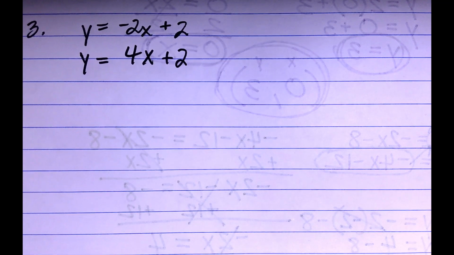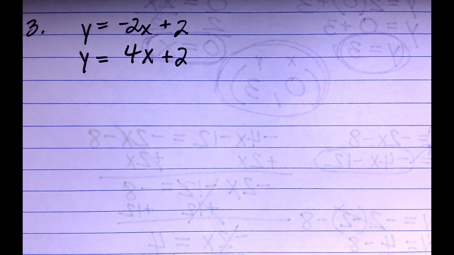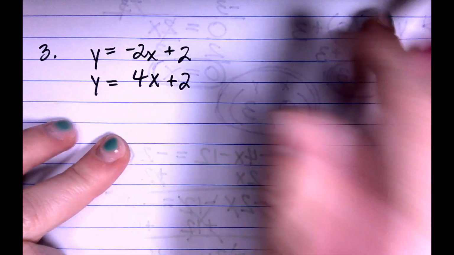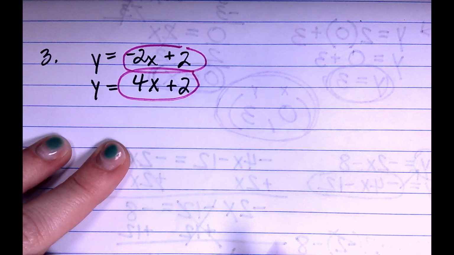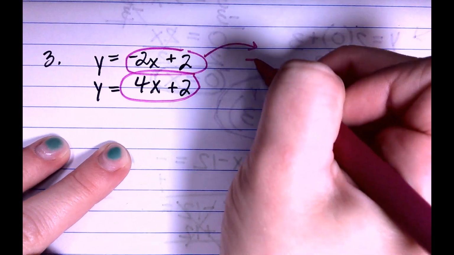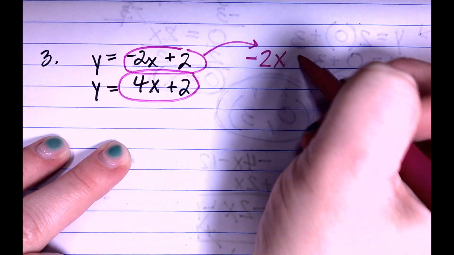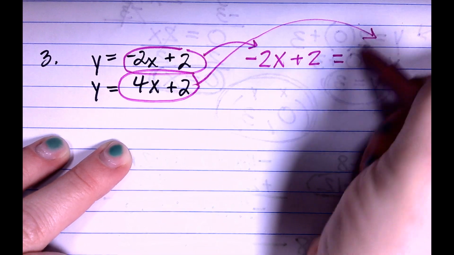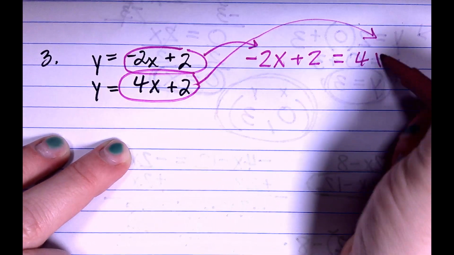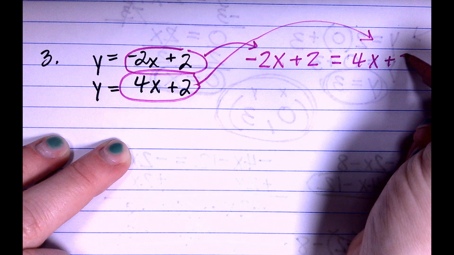So same thing we've been doing. I'm going to set both sides of this equation here. I'm going to set these equal to each other. Negative 2x plus 2 equals 4x plus 2.